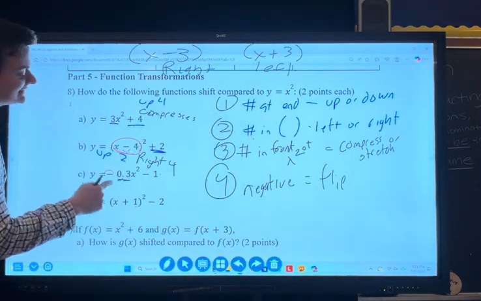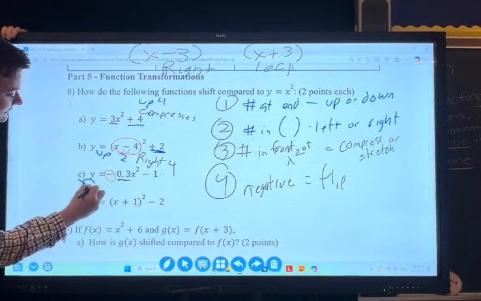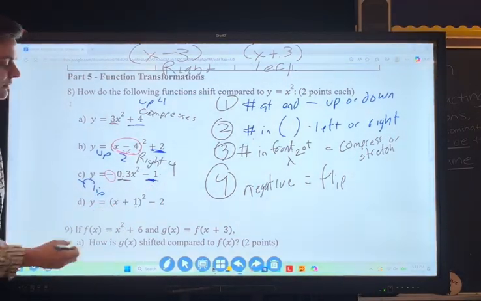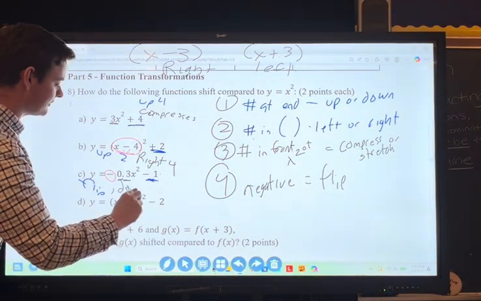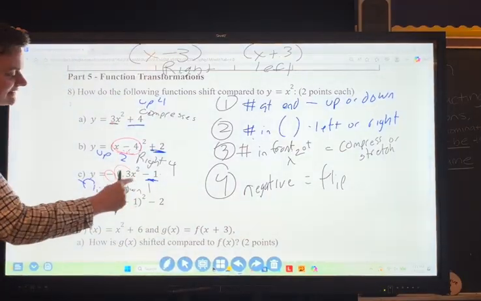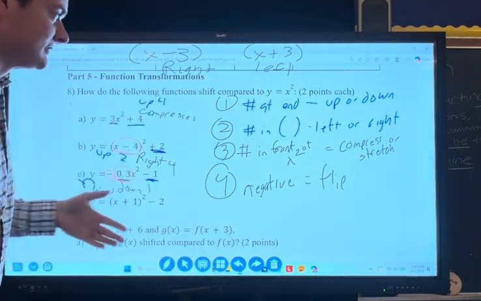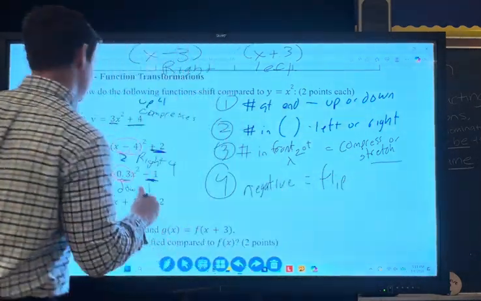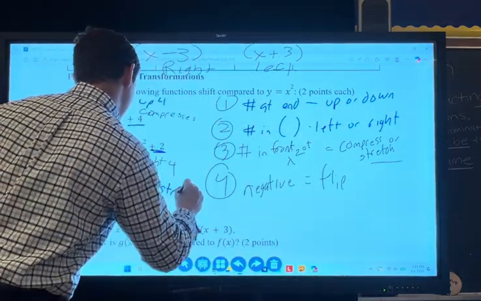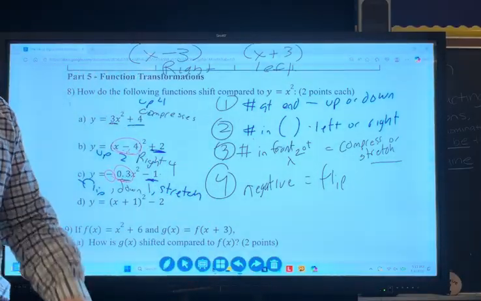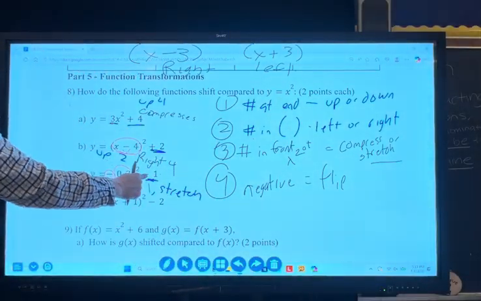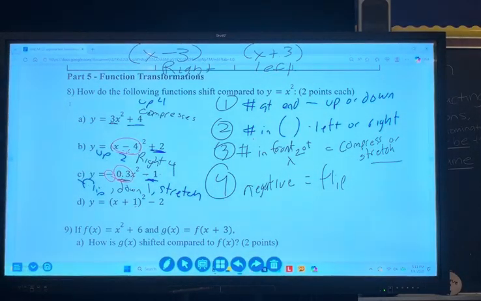Letter C, I see a negative sign, so I know it has to flip. I see a minus 1 at the end, so I know it's down 1. And I see a 0.3. Is 0.3 greater than 1? No, it's not, so it's going to stretch. Down 1, flip, stretch.